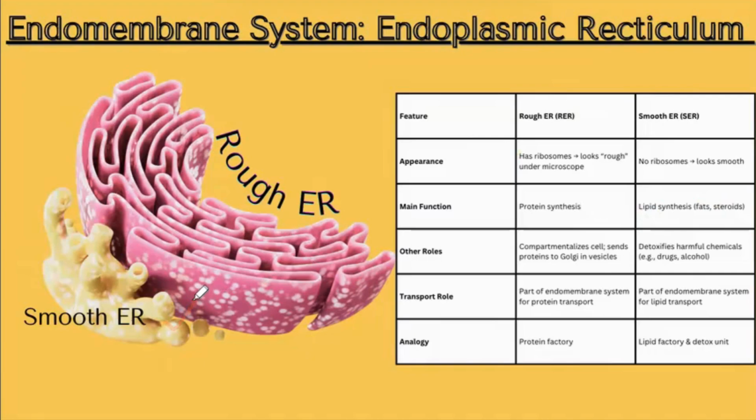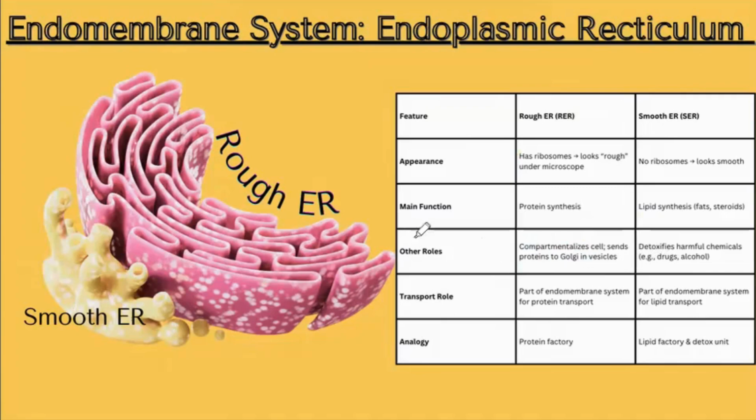You can think about those steroids and how gym individuals will bulk up with steroids. And so the way that I remember it is thinking that, okay, if I bulk up, I'm going to try to be smooth for the ladies, essentially. And that's going to be your lipid synthesis. It's not a great way to remember it, but it helps you distinguish the differences between rough and smooth ER.